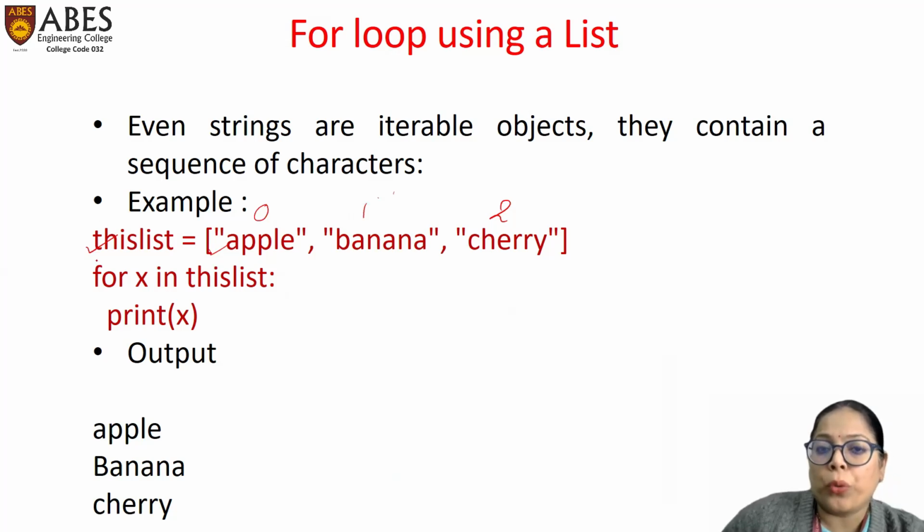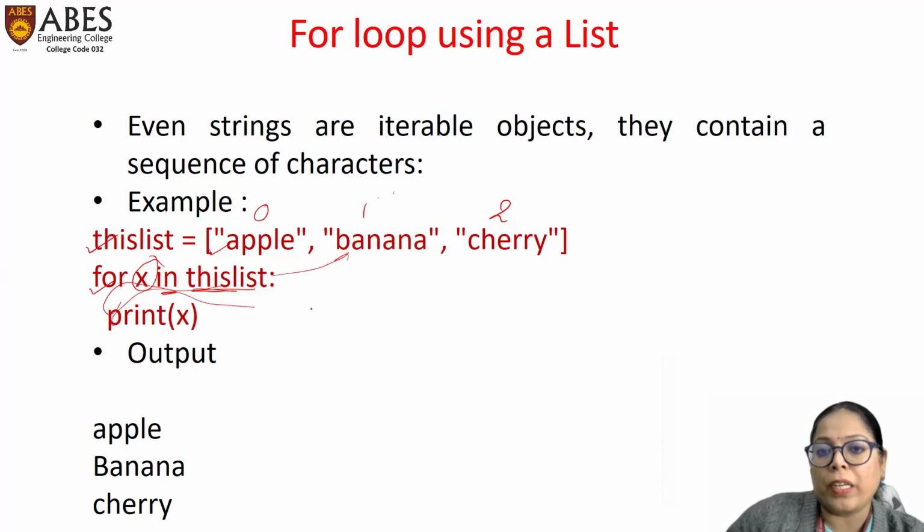Now we are using for loop with list. So the for keyword, this is again the iterative variable, in, and we are checking whether this list is empty or not. First it will go to position 0, find apple, and print it. Then it checks the next element, finds banana, and that is printed.